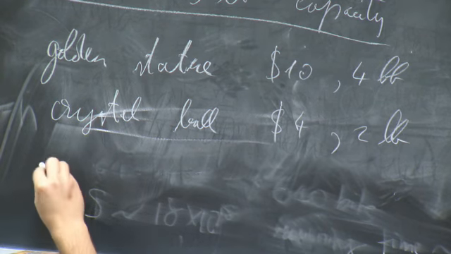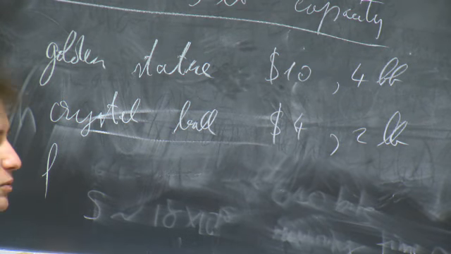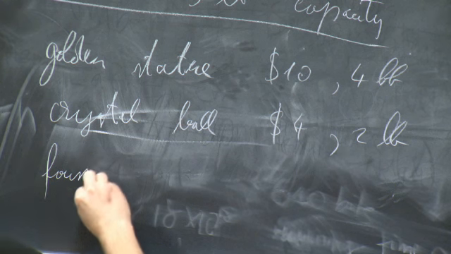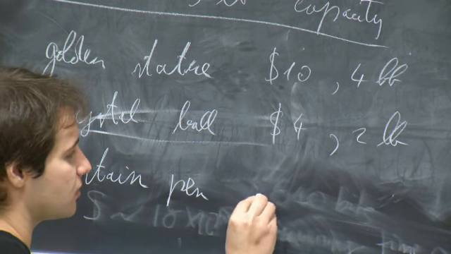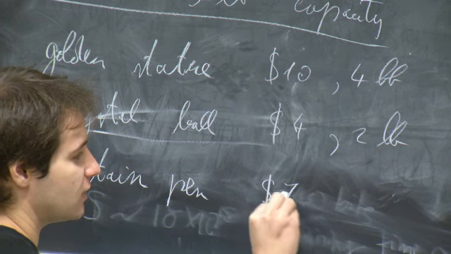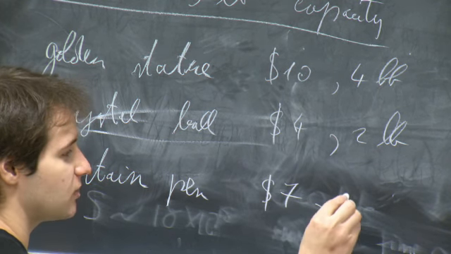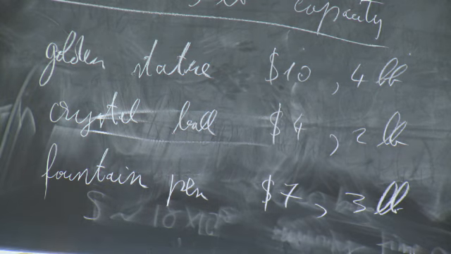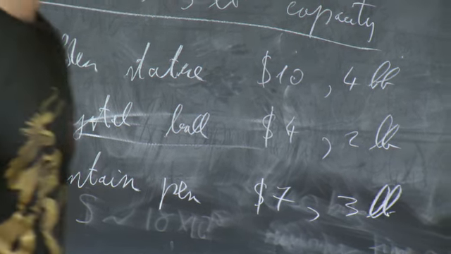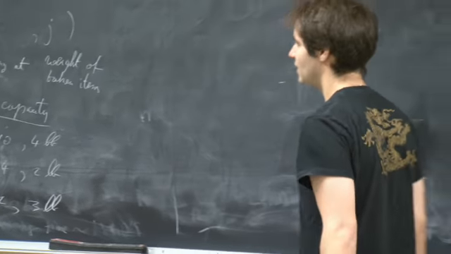And someone in the previous section wanted a fountain pen, so we're going to use the fountain pen. That's worth $7. Culture is worth a lot of money, right? And weighs 3 pounds. Really ancient fountain pen. I don't know how people wrote with it.